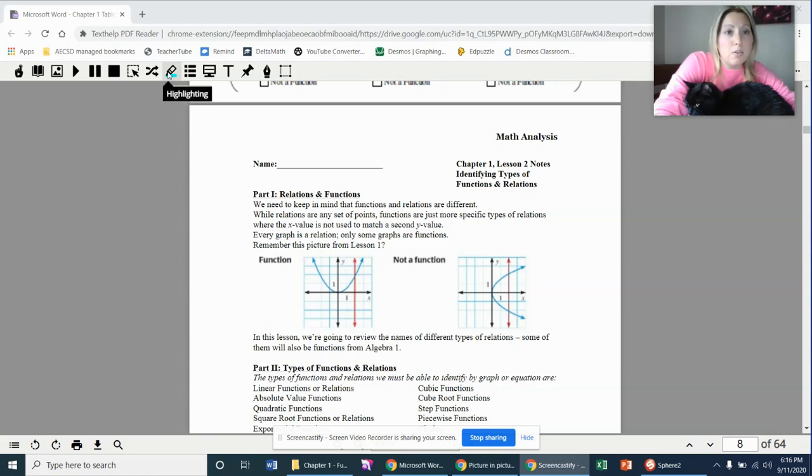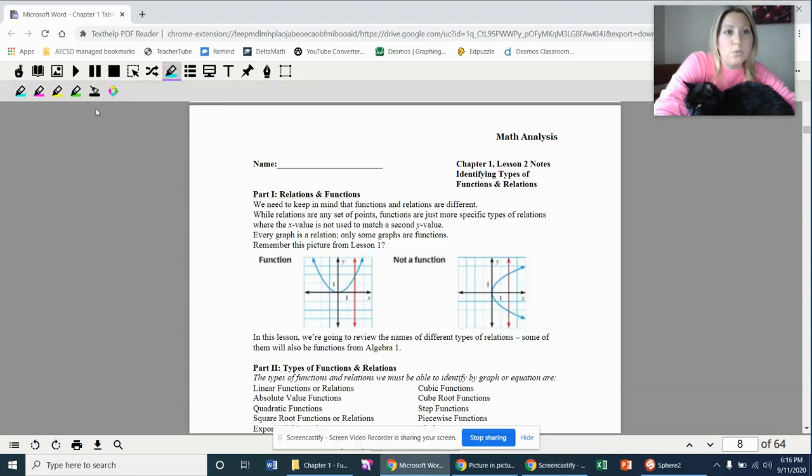I've opened my PDF in Read and Write, so I'm hoping to be able to use this a little better than the writing tools that came with Screencastify. So here we go.